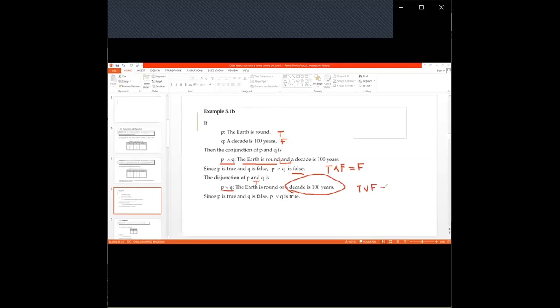True. So true or false will give us true. Good.